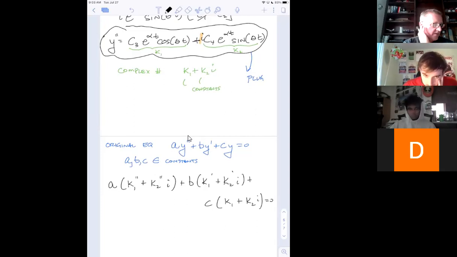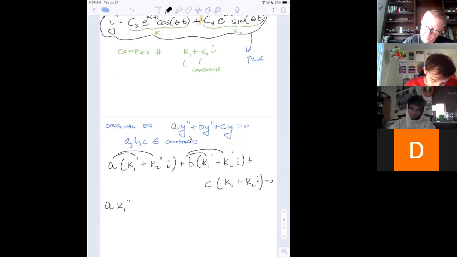Now think about the distributive law. If I distribute this into both things and I distribute B into both things, wouldn't I have this? Wouldn't I have an A times K1 second derivative, and then if I move over to this one, wouldn't I have a B times K1 with a first derivative, and finally a C times K1 without a derivative at all?